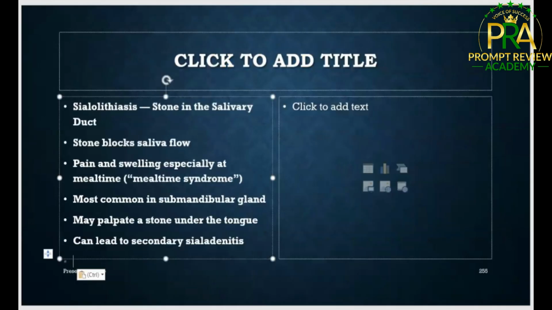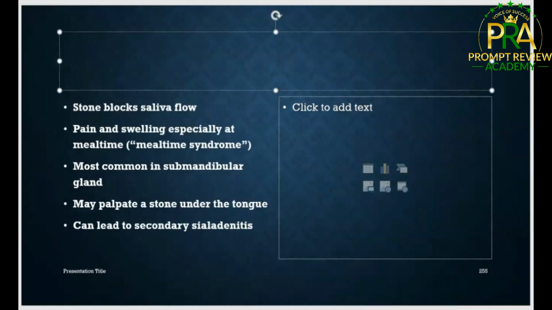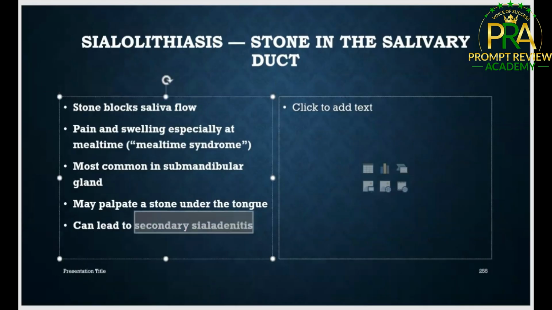There is a stone in the salivary duct, so the stone blocks saliva flow. Pain and swelling is noted, like I said, especially during mealtime, and it can lead to secondary sialadenitis, which we will still talk about. So that is just salivary stone.